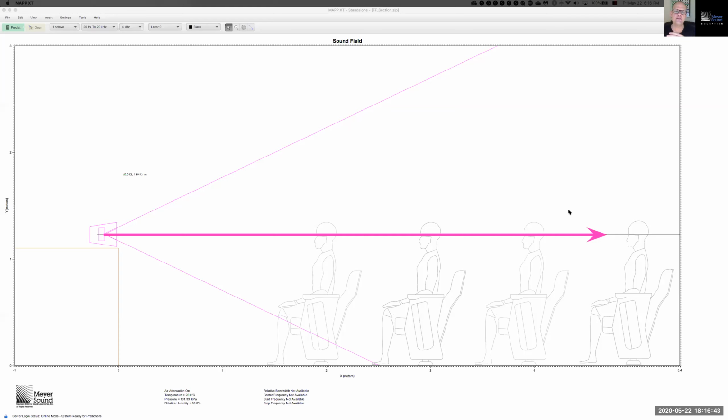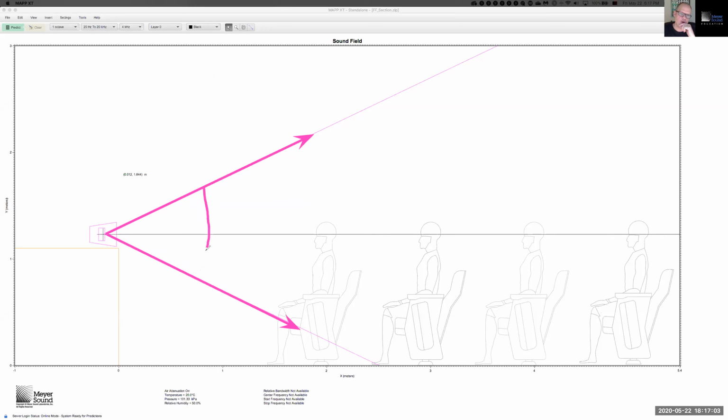Now, what do we mean by angular attenuation in the vertical? Our loudspeaker has a coverage angle. It has an 80-degree horizontal coverage angle in this case, and it has a 50-degree vertical coverage angle. So the arrows that I'm drawing currently, that is the 50-degree vertical coverage angle from off-axis at the bottom to off-axis at the top.